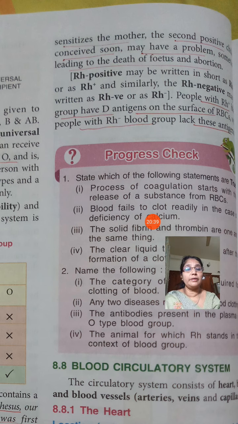The antibody may form inside the blood of the mother and persist. If she conceives a second child with Rh positive blood, the antibody from the mother's blood may react. That may lead to the death of the child or abortion.